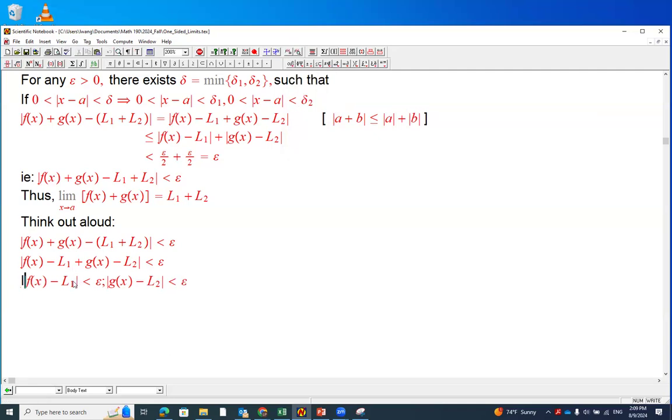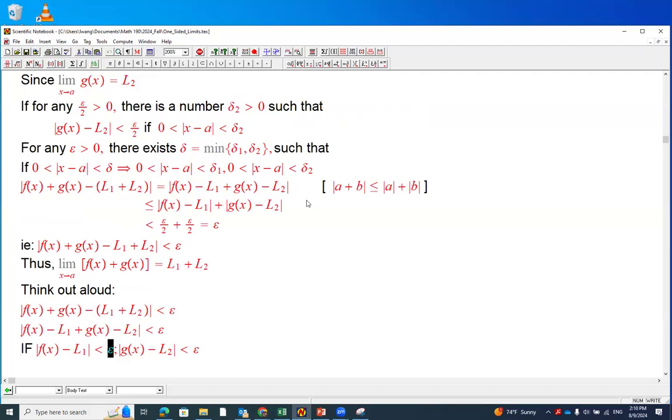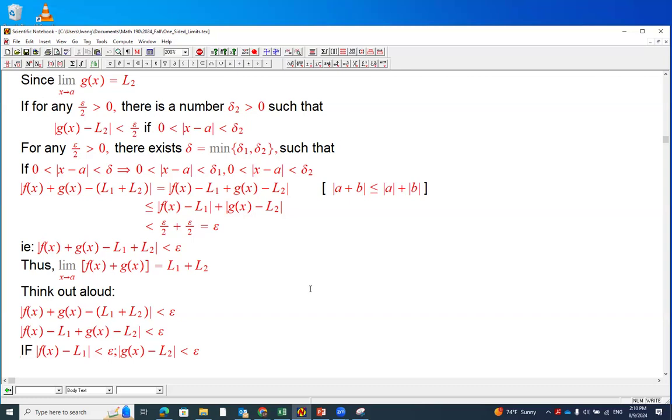So if this is less than epsilon, we want to finally get this thing less than epsilon, then we have to make this half because they're going to be added here. So that's why, and that can be done. Because for any epsilon greater than 0, we can certainly require half epsilon greater than 0, right? Same thing, because they're both arbitrary.